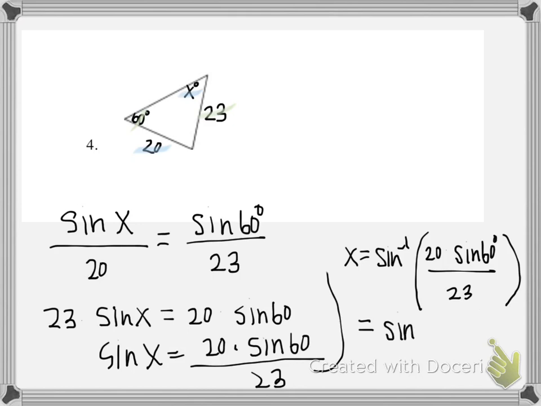You'll take the inverse sine of this decimal, 0.75306. So you're going to get roughly 48.9 degrees.